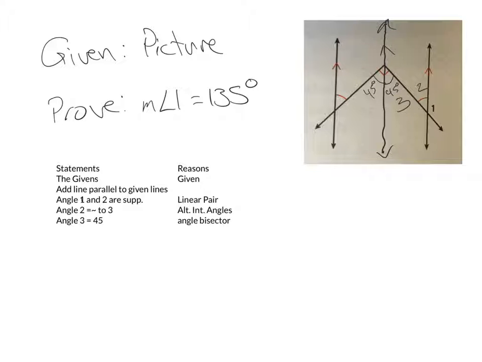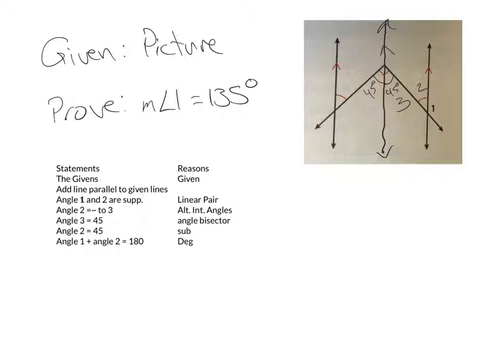And then we can say that angle 2 equals 45 degrees, and that's just substitution. And then we can say angle 1 plus angle 2 equals 180.